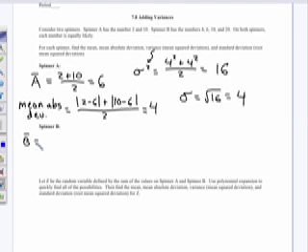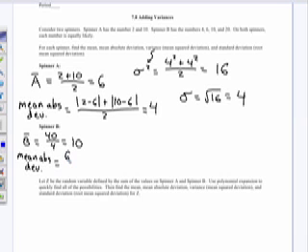So for spinner B, 4 plus 6 is 10, plus another 10 makes 20, plus 20 makes 40. So we get a total of 40 divided by 4, which gives us 10. So then our mean absolute deviation, let's see, so we would do 4 minus 10 is negative 6, the absolute value would be 6.